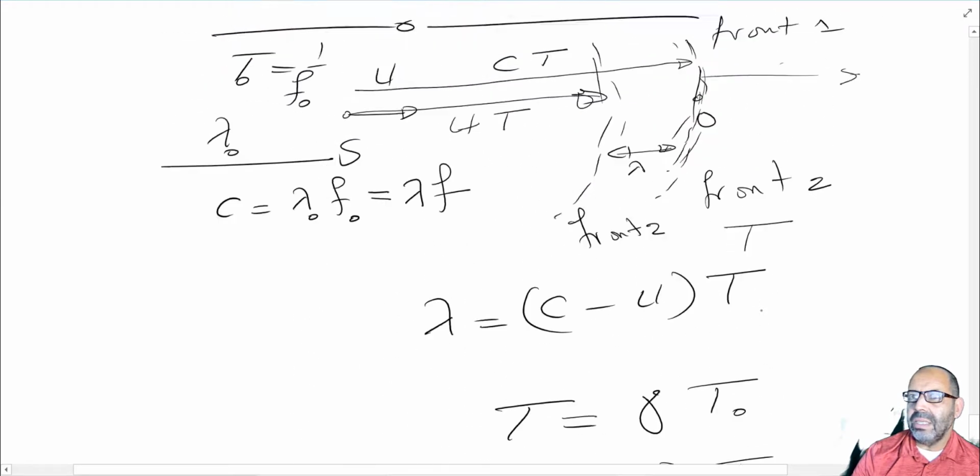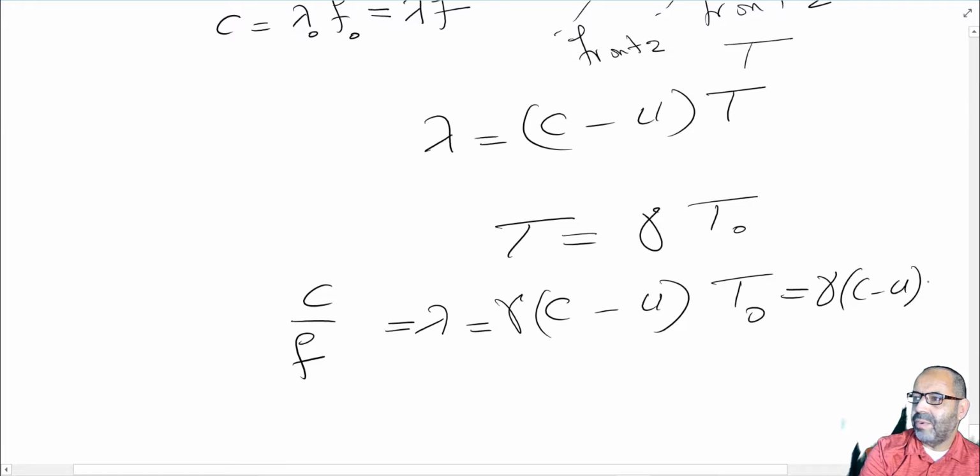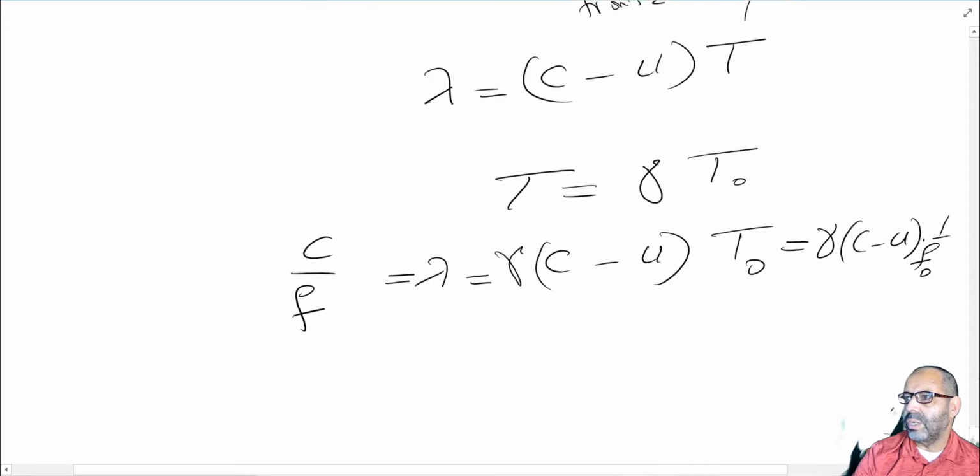So this whole thing can then be written as gamma times c minus u times t naught, which is 1 over the f naught that you're supposed to measure. If I work this expression backward, I can find the perceived frequency versus the actual frequency that the signal originated from. So flip this expression, flip that one, and divide by c.